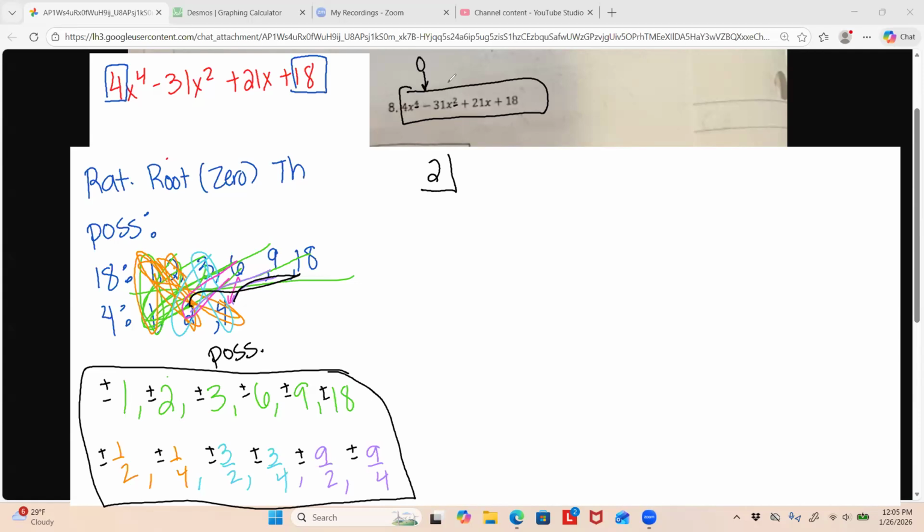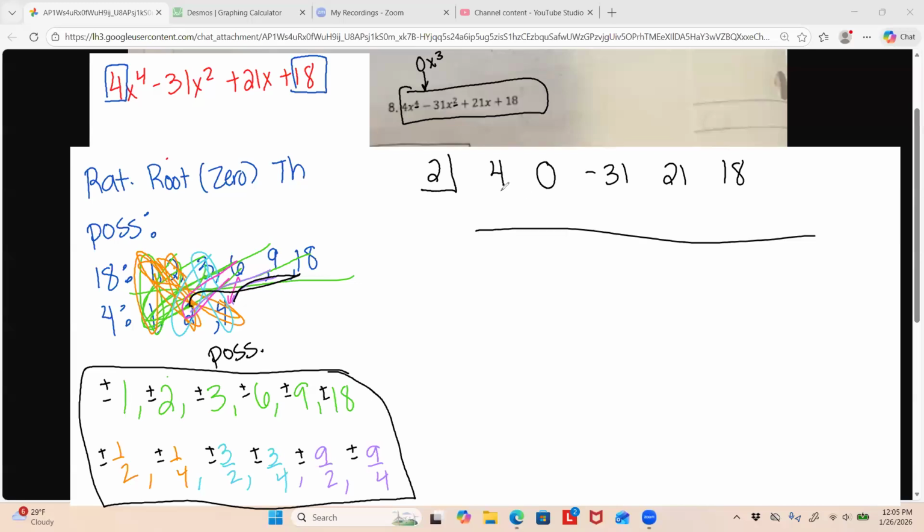This had 0x cubed. We do need to put that in. So that would be 4, then 0. Watch out. If you don't do the 0, it will be wrong. Negative 31, 21, 18. And again, I know this one works. I just didn't want to waste time guessing. But with that many possibilities, it might have taken me a couple guesses to get here. I just kind of skipped that part.